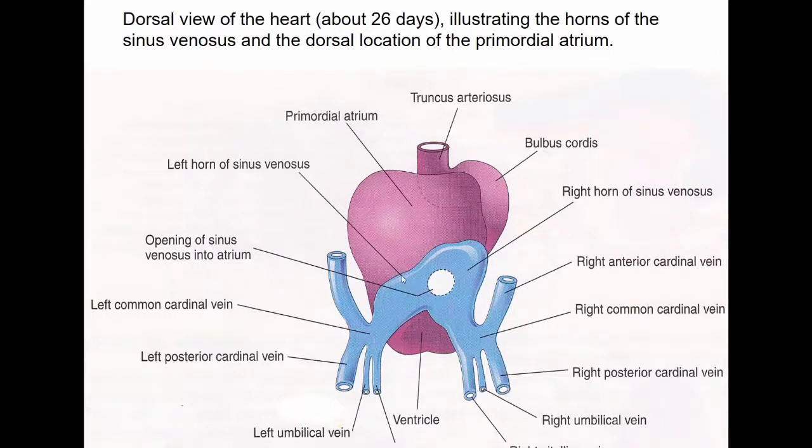Okay? The left horn will become the coronary sinus. The right horn of the sinus venosus will be absorbed into the posterior part of the future right atrium and will be known as the sinus venarum, which is nothing but the posterior smooth-walled part of the right atrium.